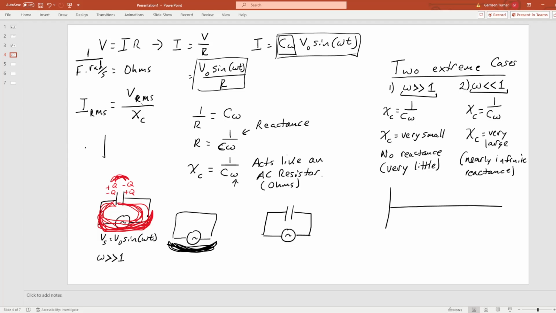Let's draw a diagram for my voltage when omega is very large. This is like this, right? Very, very rapid.